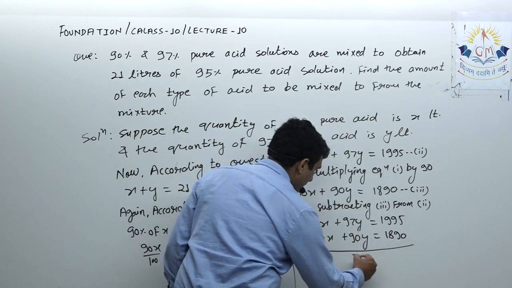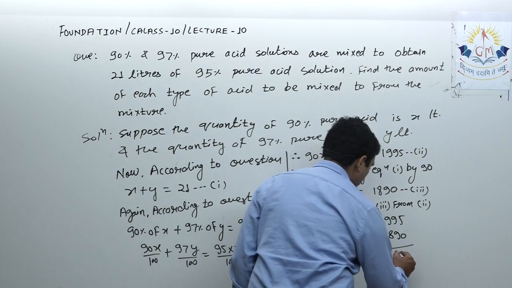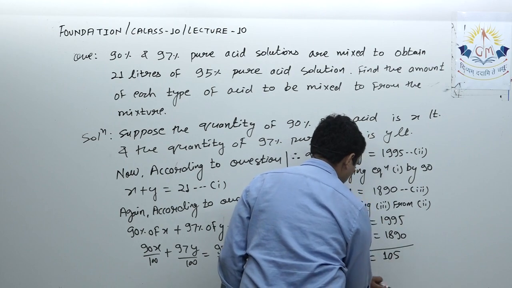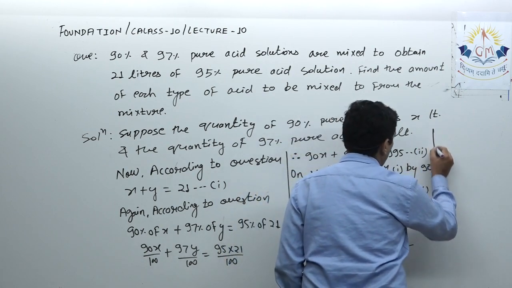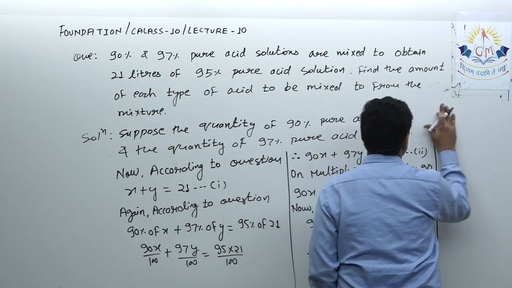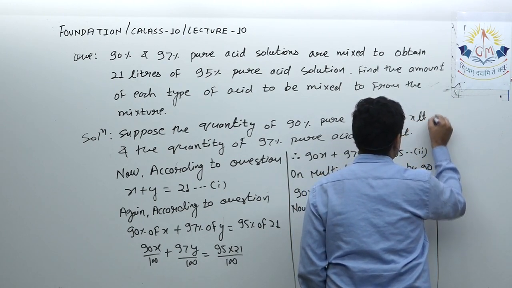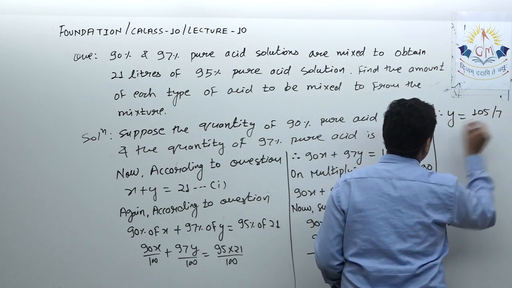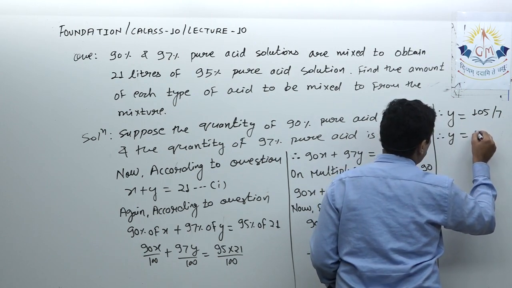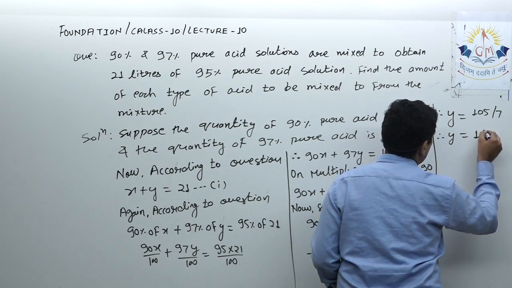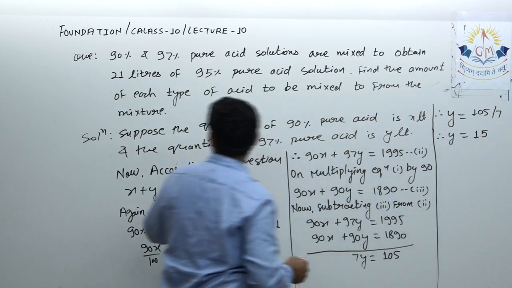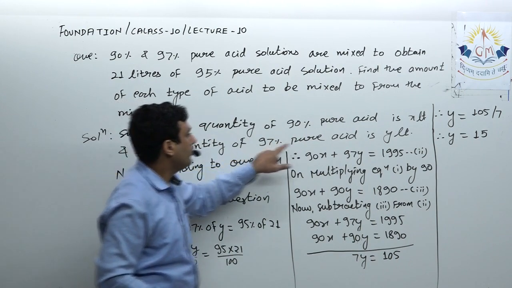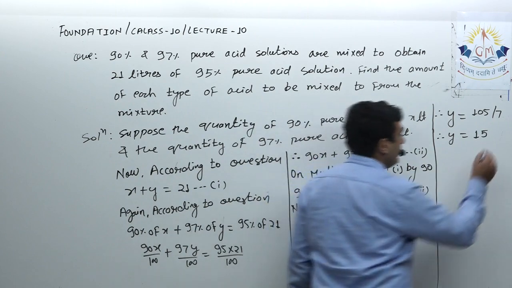So I will get 7y is equal to 105, which gives me the value of y. Therefore y is equal to 105 upon 7, therefore y is equal to 15. That means the acid which is 97% pure should be taken 15 liters.